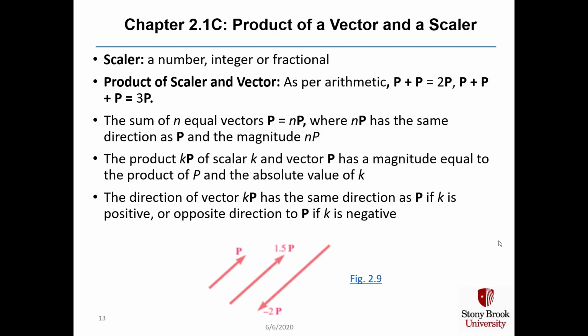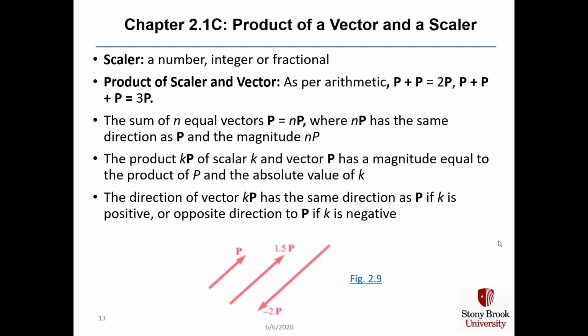And as per arithmetic, adding two vectors p plus p is also equal to 2 times the vector p, and adding vector p plus p plus p is equal to 3 times vector p, which means that the sum of n equal vectors p is equal to np, where np has the same direction as vector p, but it has the magnitude of n times the magnitude of p.